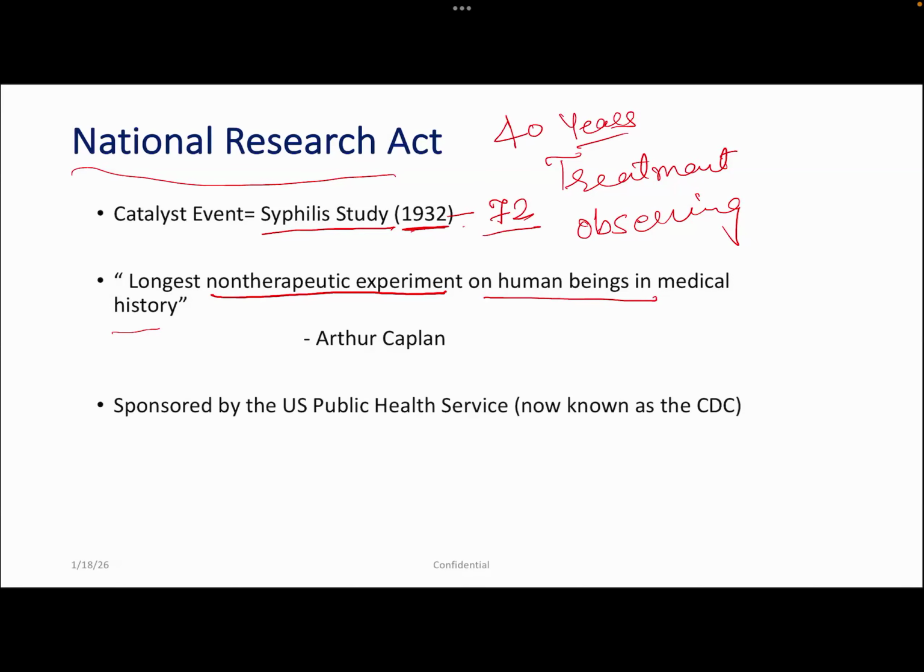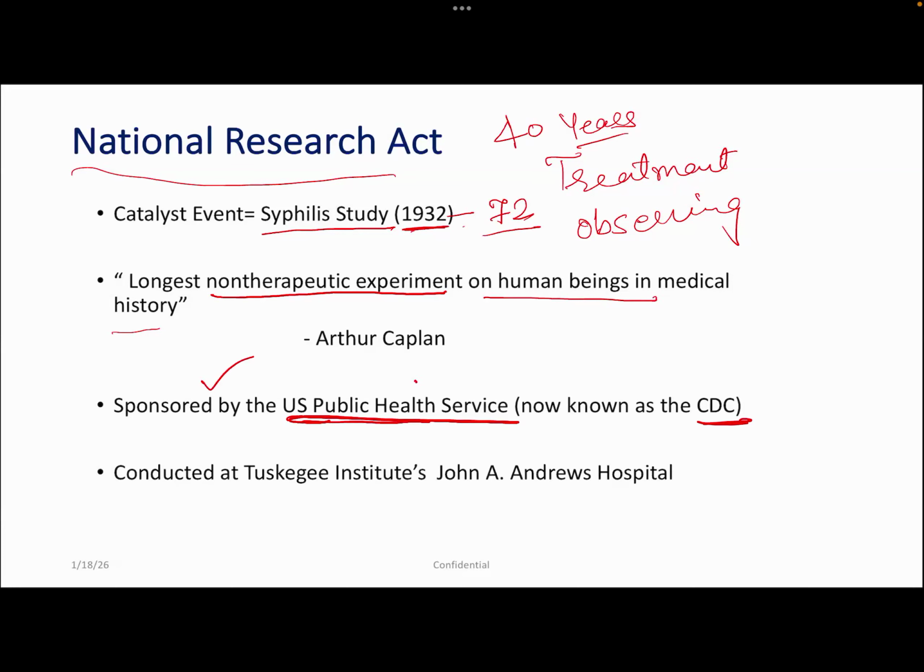The more dangerous thing, which makes it look very bad, is that the US Public Health Service, now the CDC, sponsored it. It is just like our ICMR doing it and our Ministry of Health sponsoring it. It was conducted at the Tuskegee Institute and John A. Andrew Hospital.